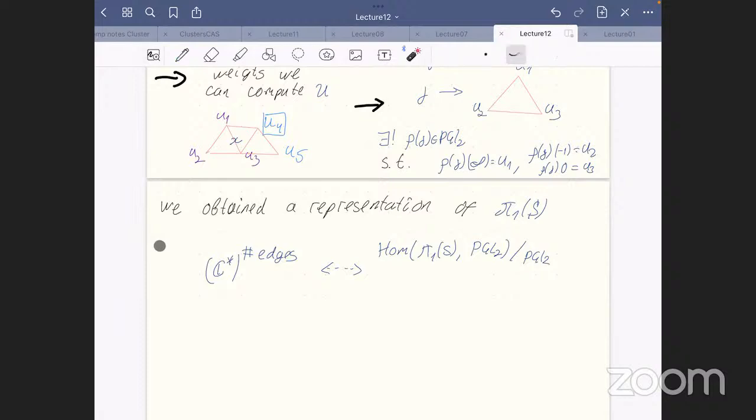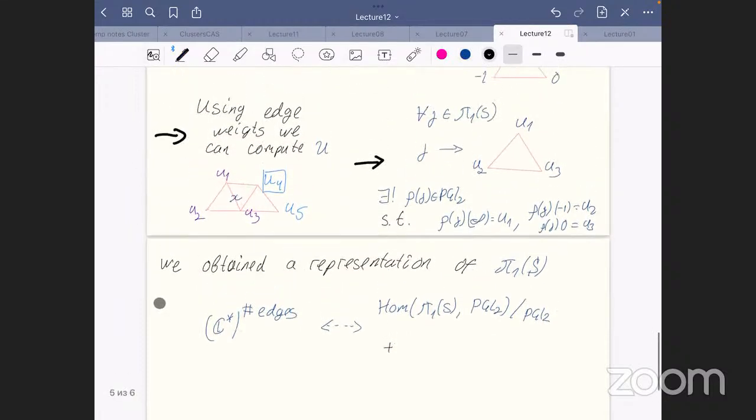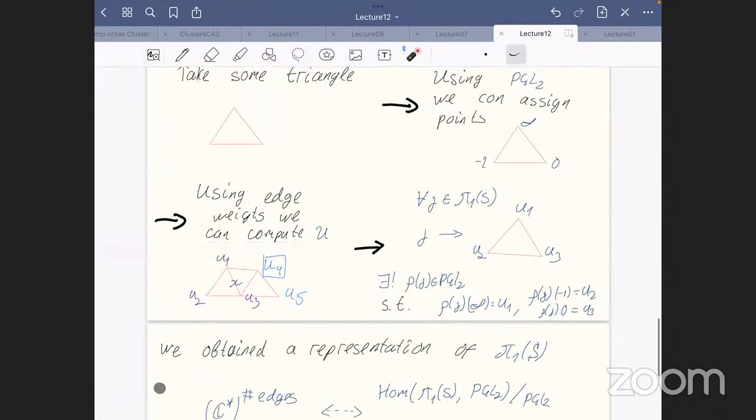But actually, we have some additional data, and this additional data is related to these lines which we fixed from the very beginning.